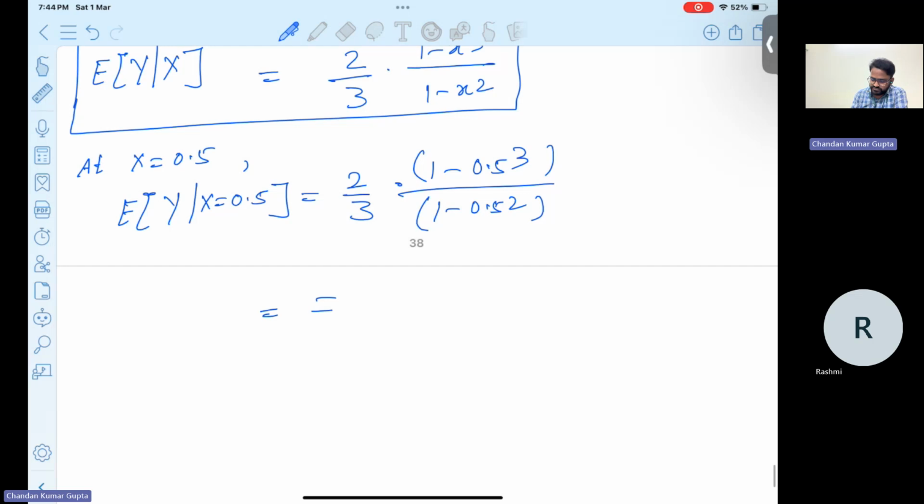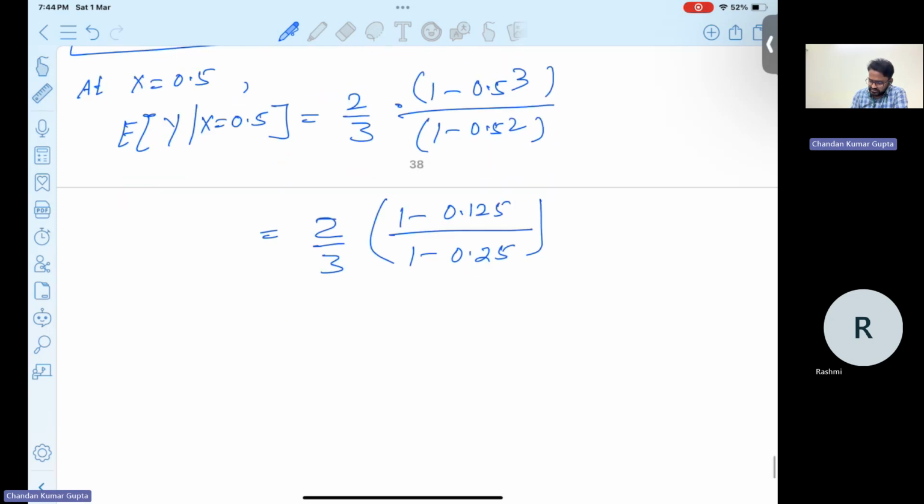So it's 2/3 times (1 minus 0.125) over (1 minus 0.25), which is 0.875 over 0.75.